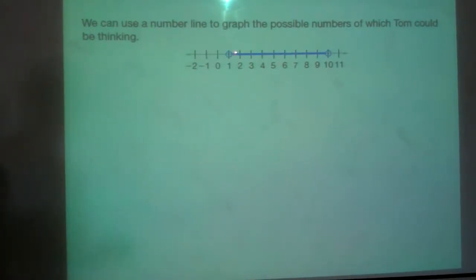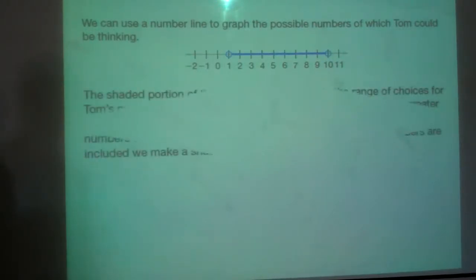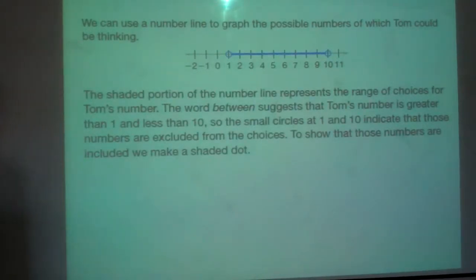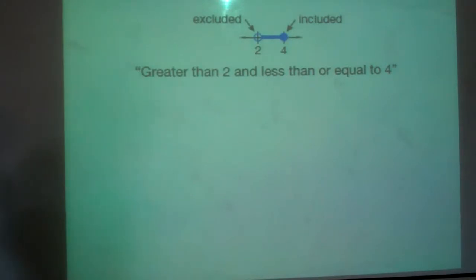So this is the range of possible numbers between 1 and 10. Okay, so we pretty much just summed that up right here. The open circles indicate that numbers 1 and 10 are excluded from the choices. Alright, and to show if those numbers were to be included, we would make a shaded dot or we would fill them in.